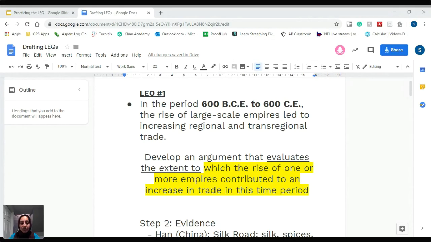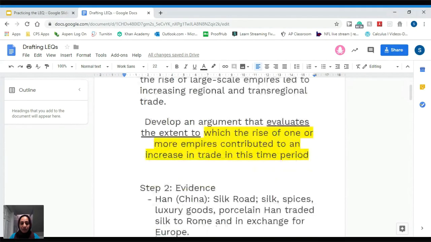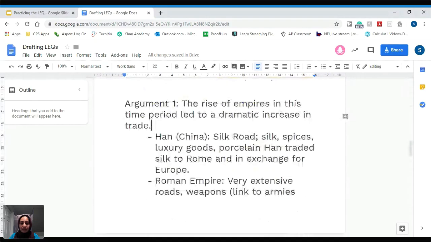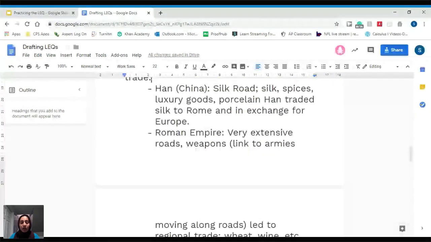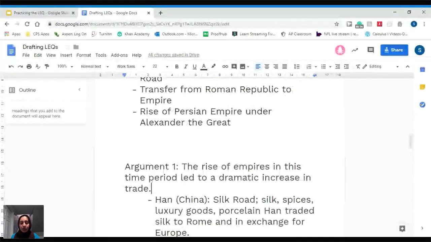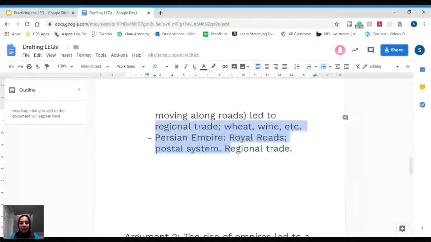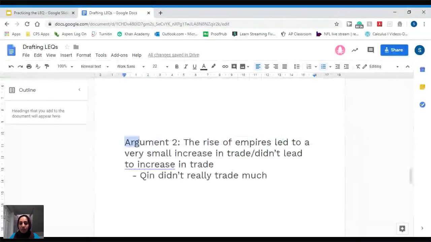In this essay, I have 2 arguments here. I have, yes, it led to a dramatic increase. No, it didn't. So maybe it's all up to you on how you want to structure your essay. Maybe I would use one paragraph to talk about all of this, and then a small paragraph to talk about this.